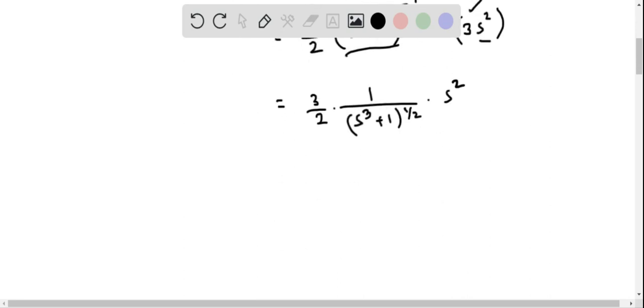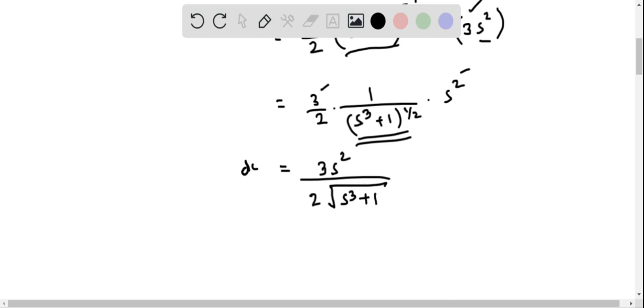Let's write down. So we can write this as 3s squared. We can multiply this 3 with s squared, and then this is over 2 times, this can be written in a square root form. So it is 2 times the square root of s cube plus 1. And so this is the derivative of y with respect to s.